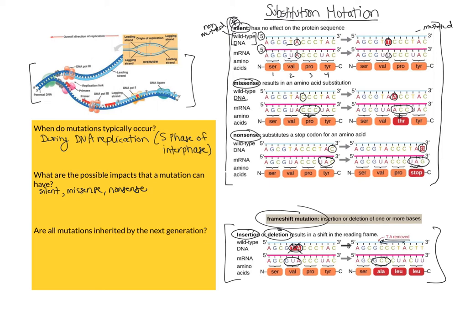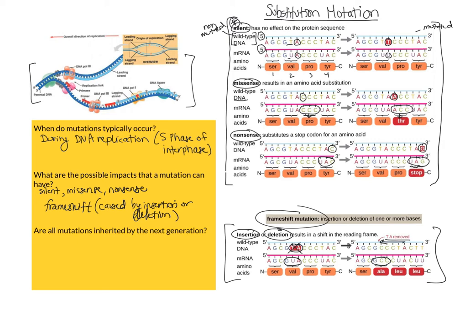All right, so now those groups of 3 called codons, that whole reading frame, those blocks of 3 have been shifted. So we call it a frame shift, and that can cause multiple amino acid changes, and this can also be pretty severe in terms of the impact on the amino acid sequence. So a frame shift caused by insertion or deletion can have large impacts on that amino acid sequence.